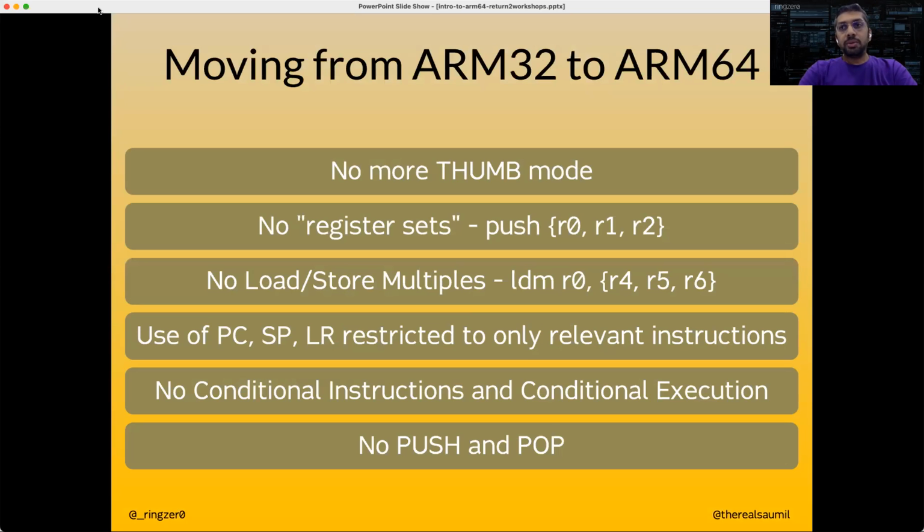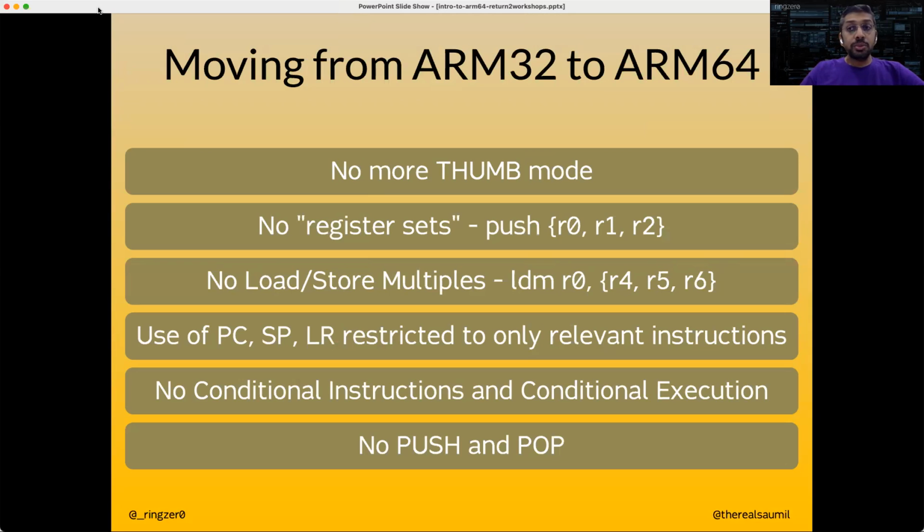Okay, now let me get to stark differences between ARM32 and ARM64. So here we go. First of all, there's no more thumb mode. You don't have any smaller width instructions. If you're in ARM64, that's it. 4 byte instructions, 8 byte registers. There's no stepping down.